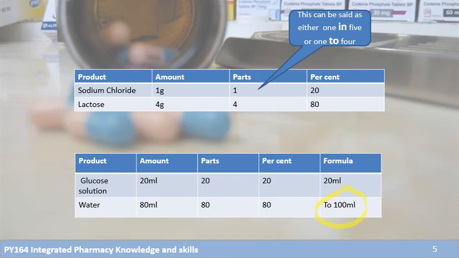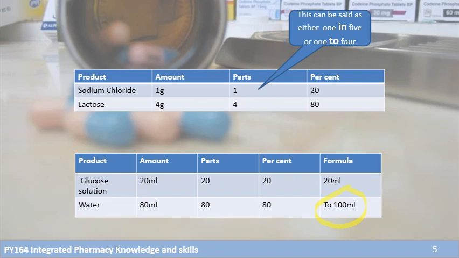You could do both in this situation. The difficulty arises when we start to talk about mixing solids and liquids. So if we were mixing, let's say we added these two together and had the 1 gram of sodium chloride, 4 grams of lactose, 20 mils glucose solution, 80 mils water, then we would obviously have a different amount at the end. And if we were to say add 80 mils of water to that, then you wouldn't have an overall amount of 100 mils.